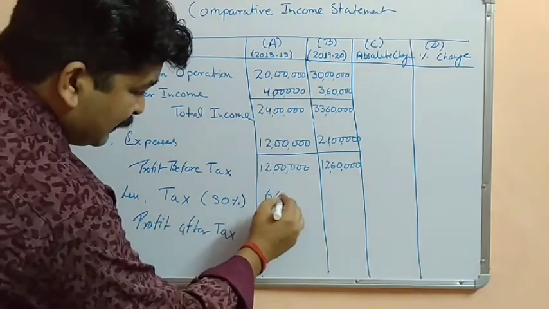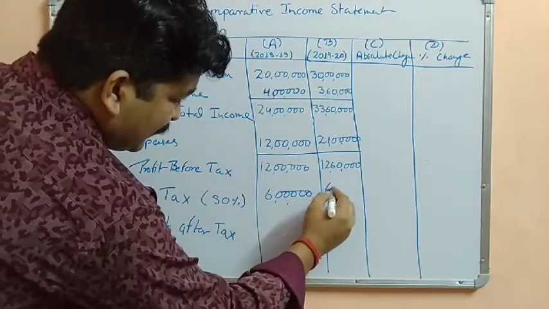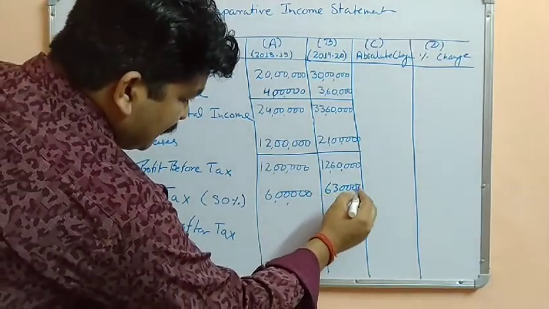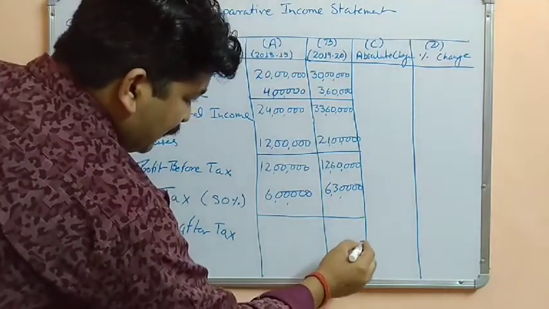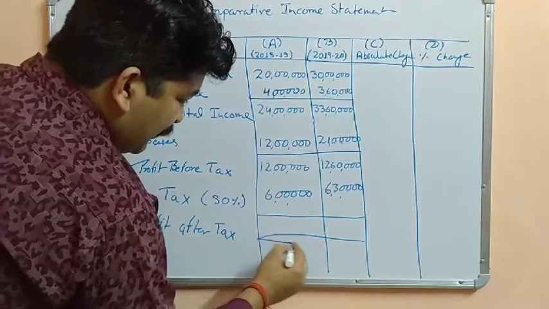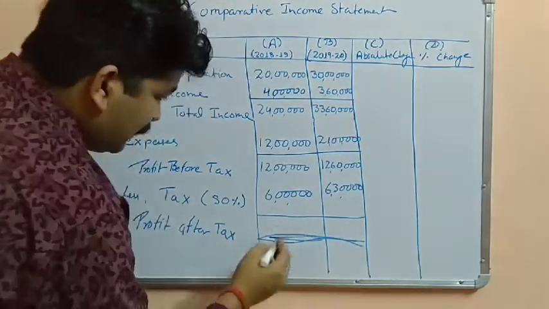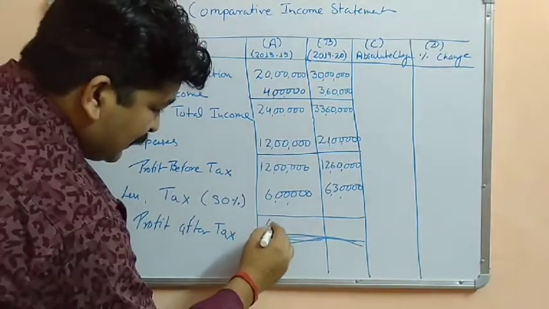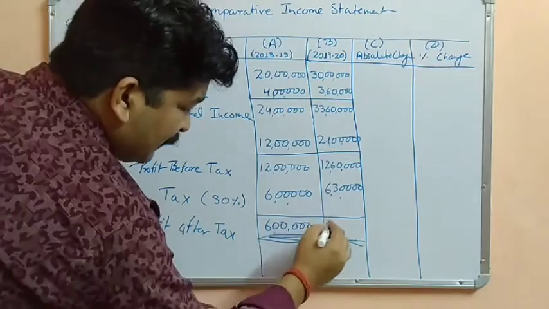So 6 lakh will be the tax and here 6,30,000 will be the tax. We will subtract it and we will get profit after tax 6 lakh and 6,30,000.